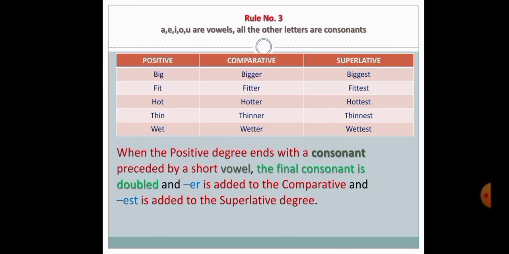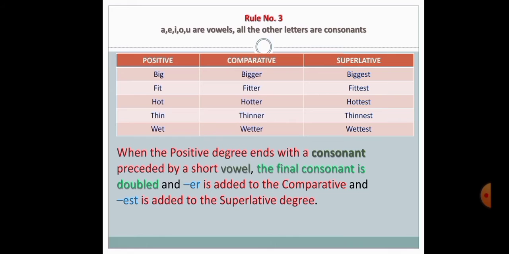When the positive degree ends with a consonant, preceded, meaning just before that consonant, by a short vowel. Now what is the difference between short vowels and long vowels? Long vowels sound exactly like their names. For example, cake, so we have the A sound there. Vowels A, E, I, O, U: that is their original name, and the sound that they produce is this one.